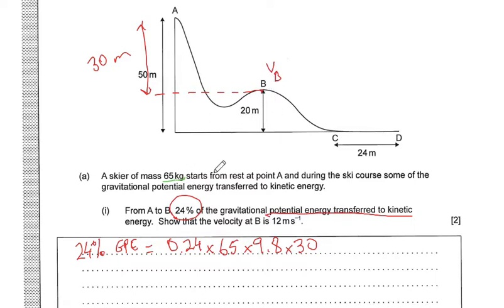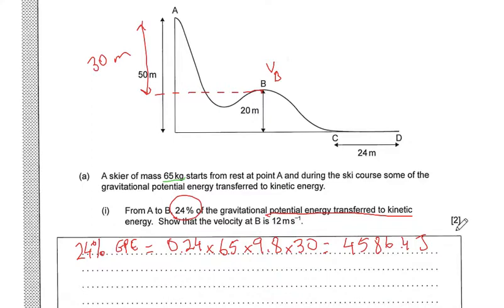So from A to B, only the potential energy due to the 30-meter difference is transferred to kinetic energy, which is why I calculate this energy value with 30 meters, which gives me 4,586.4 joules.